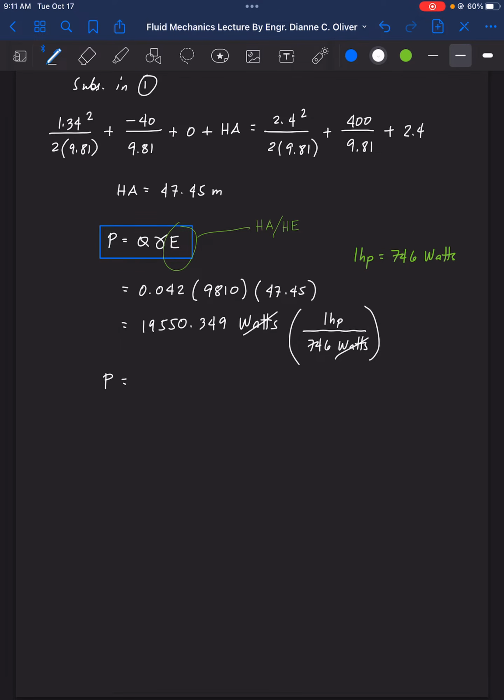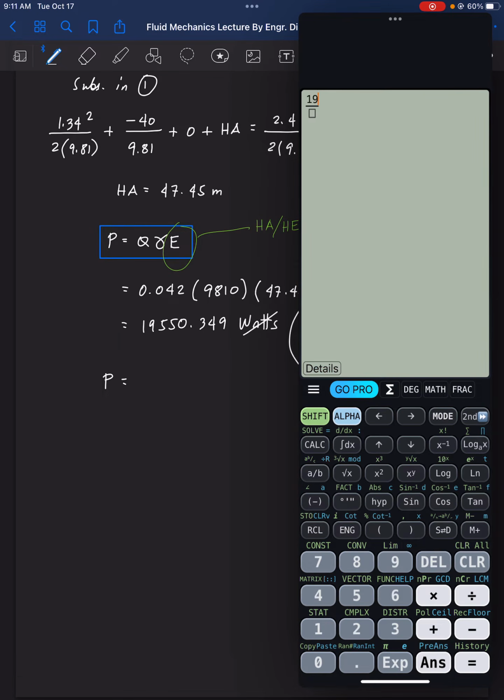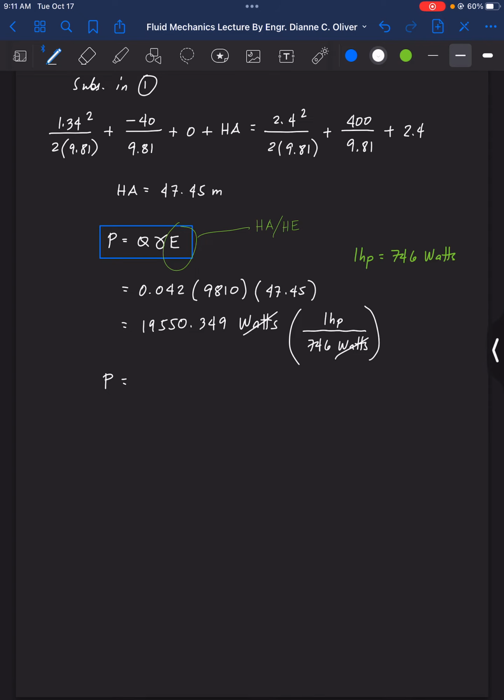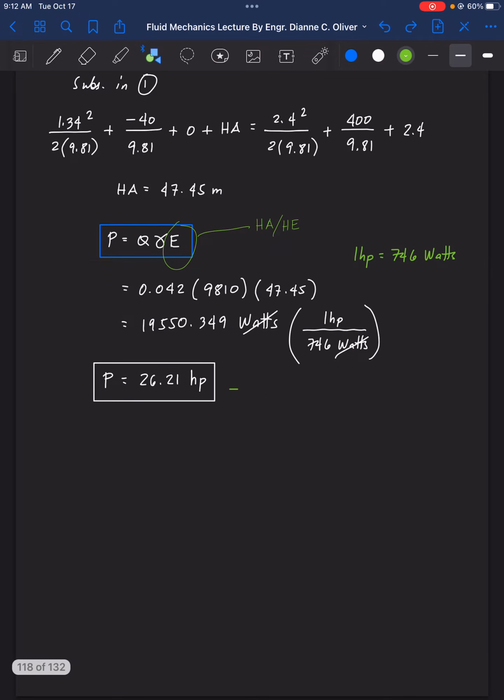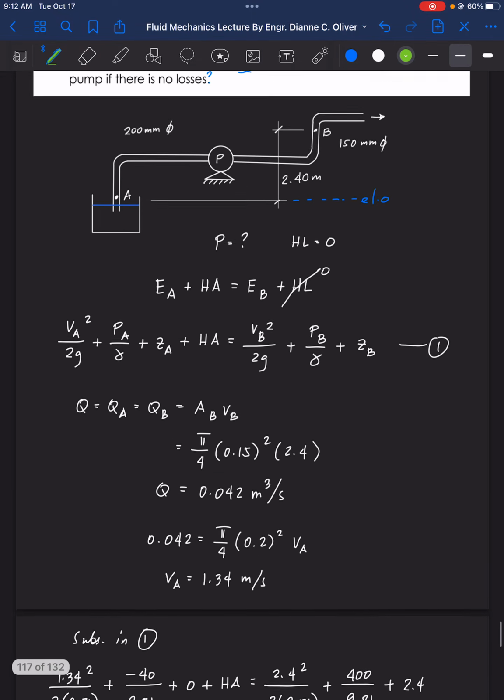So power now is equal to 19,550.349 divided by 746. So the answer here is 26.21 HP. So this is the power in horsepower, and this is the output power for the pump. So this is example number 2.